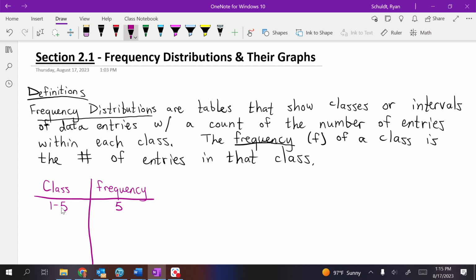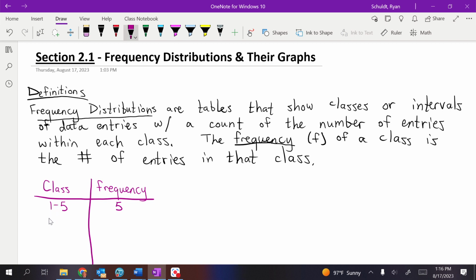If this was the number of dogs you have, that's saying that 5 people have anywhere from 1 dog to 5 dogs. We don't know how many dogs these 5 people have, it's just somewhere between 1 and 5. If you were to sort them out, you look, okay, person 580 has 4 dogs, I'm going to put them in that bucket. A class is like a bucket.